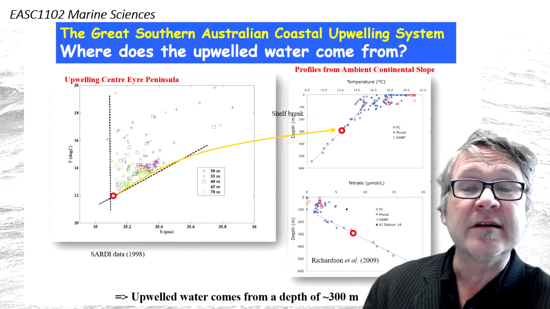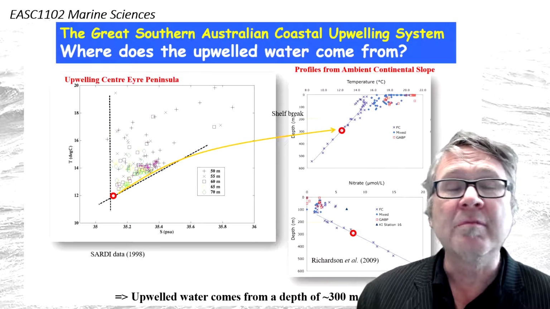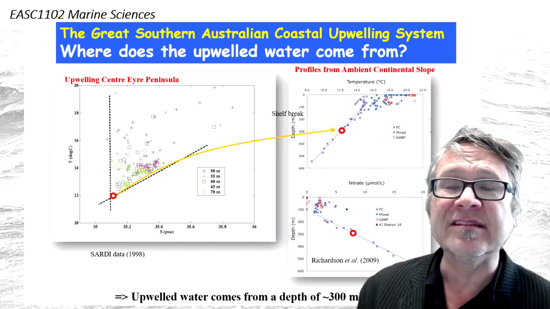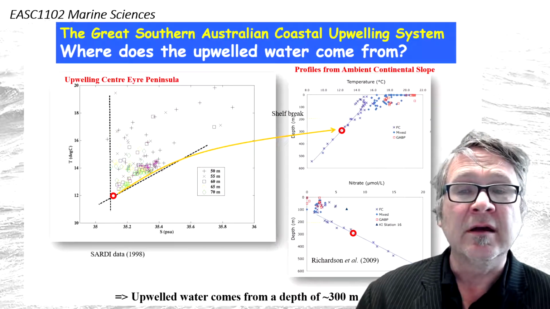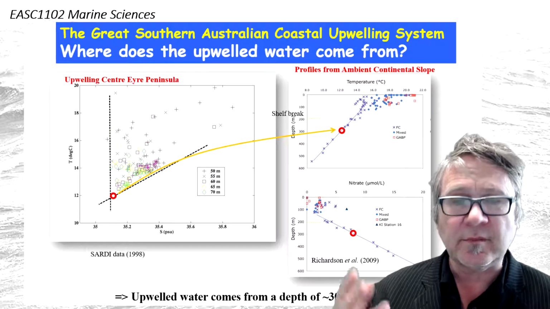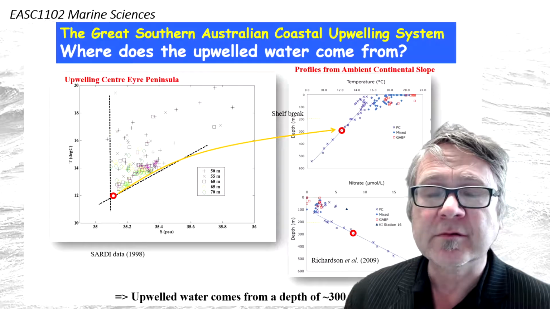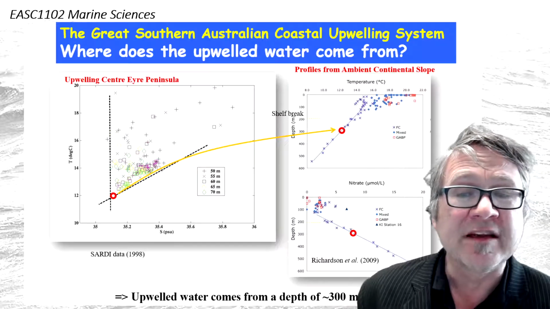On the left side, you have a temperature-salinity diagram that shows all measurements of temperatures and salinities in the upwelling region and in the upwelling center, the Eyre Peninsula one, below 50-meter water depth. Each dot corresponds to a measurement.